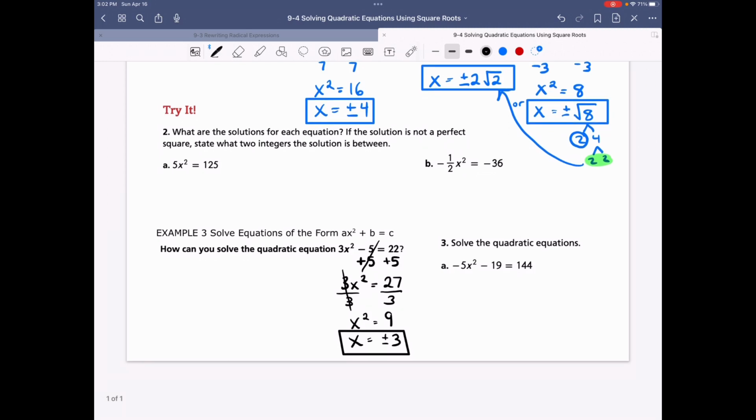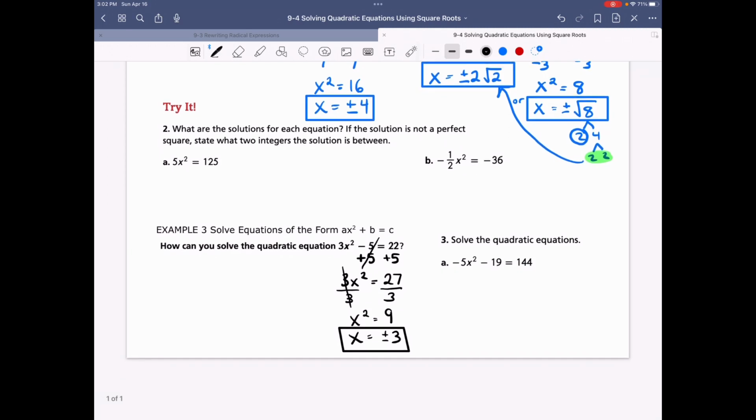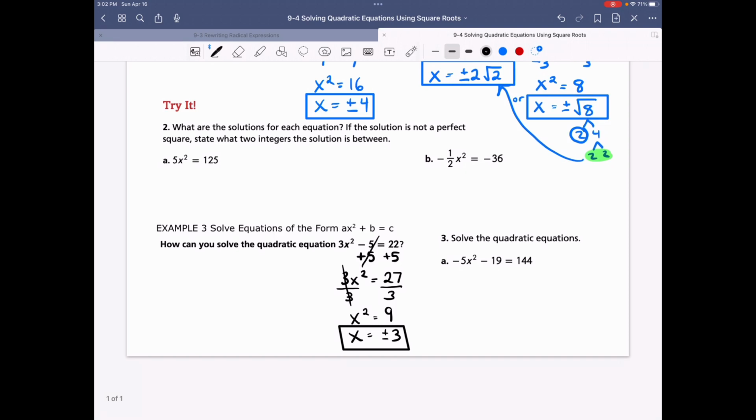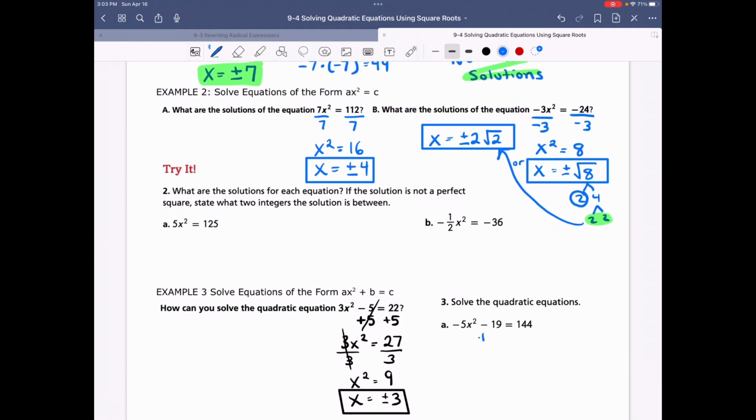Okay, on the next problem, solve this quadratic equation: negative 5x squared minus 19 equals 144. I am going to add 19 to both sides. The 19's cancel. It's going to be 351. Negative 5x squared equals 153.